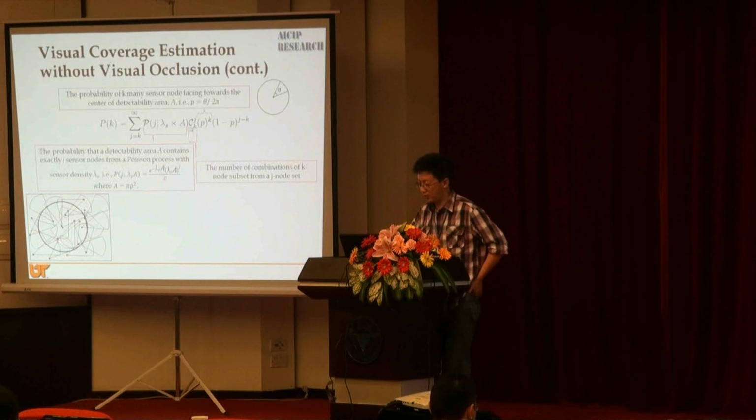And this is the number of combinations of K nodes subset from a J node set. And P is the probability of K sensor nodes facing towards the center of the detectability area. And this is the probability of not facing the node towards the center.